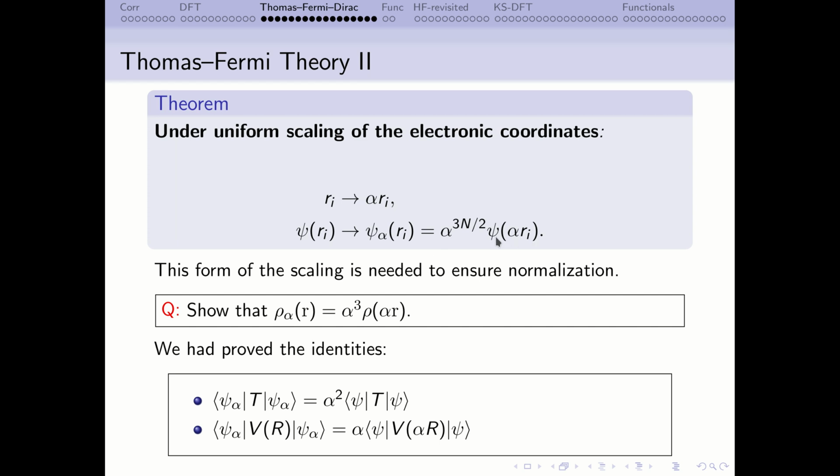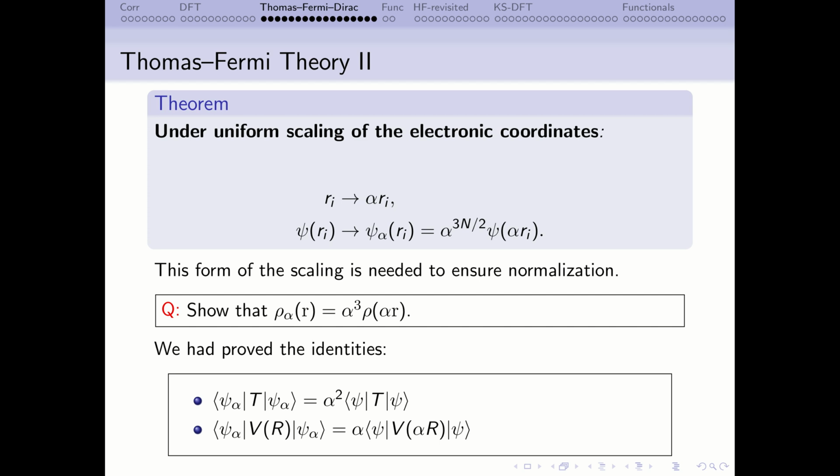Well, psi is a function of R1, R2, R3, etc. all the way to Rn. So psi of alpha Ri would be psi of alpha times R1, comma, alpha times R2, comma, etc. all the way to alpha times Rn. Now if you wanted to include the spin coordinates, they would also be included in there, but they would not be scaled. That doesn't make any sense, scaling a spin coordinate. It's only the spatial coordinates that are being scaled.